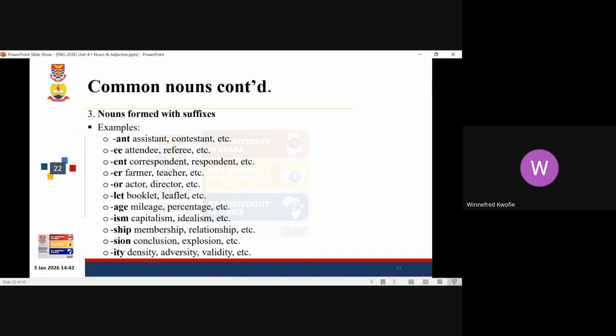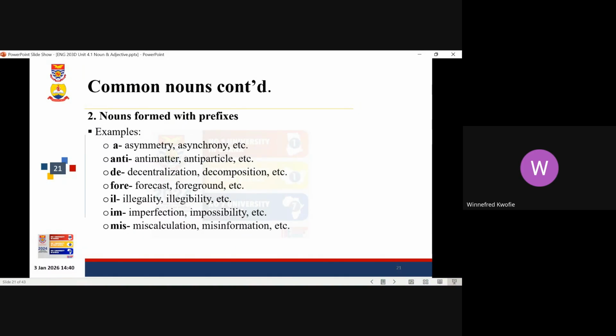Then we also have suffixes. The prefixes are the ones that are placed before the base word, while the suffixes are the ones that are placed after the base word. And so we see that in forecast, fore has been placed before the base word cast, and so fore is treated as a prefix.